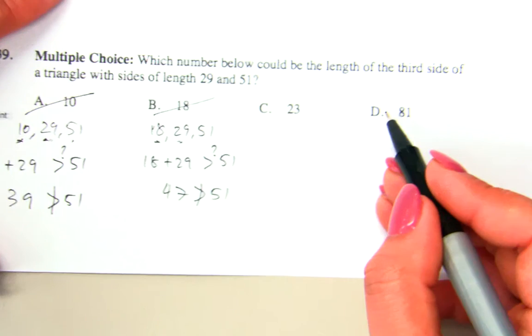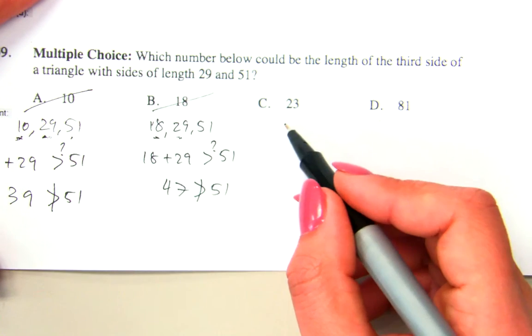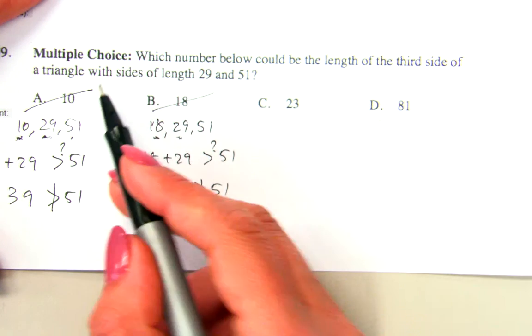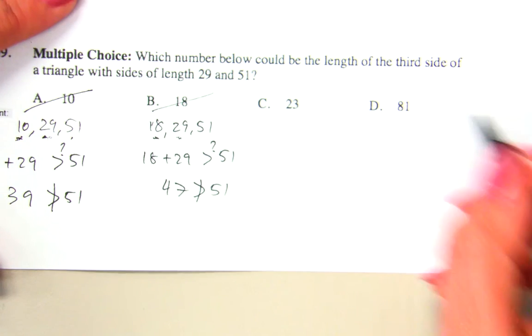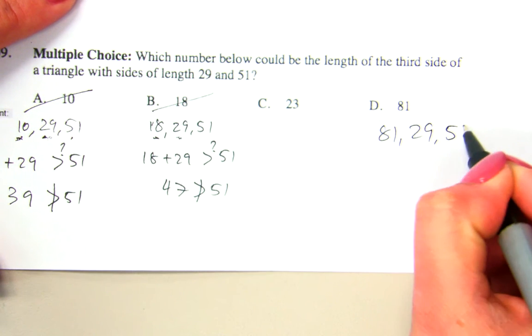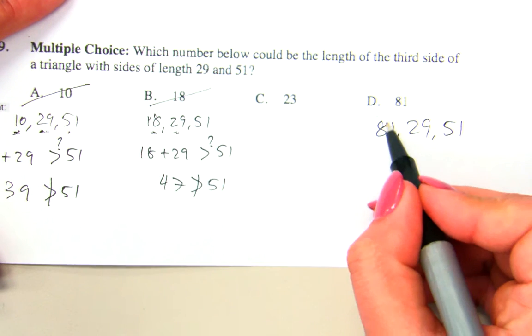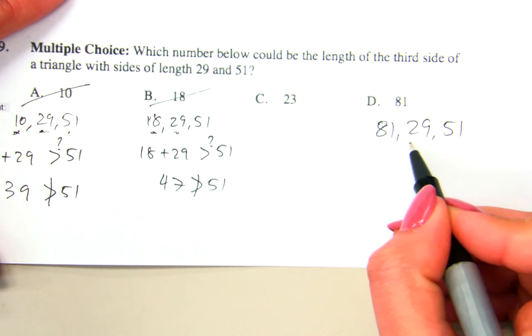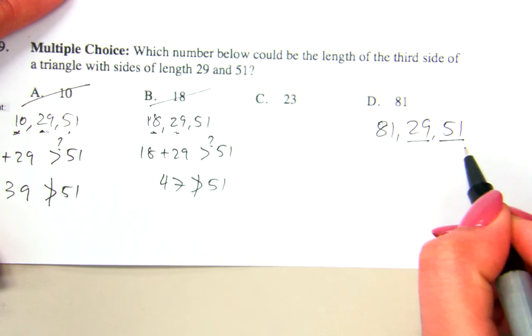I don't know, let's go for a really big one. Let's go with D. It could be C or D for that matter. I don't think it said there's only one. Oh, it is multiple choice. Okay, let's try D: 81, 29, and 51. Now 81 and 29 are no longer the smallest sides. The small sides are 51 and 29.